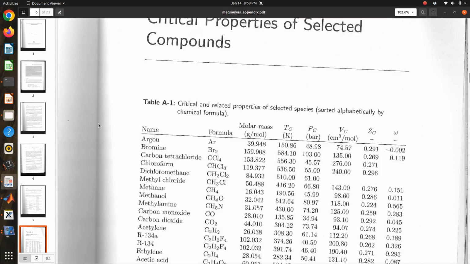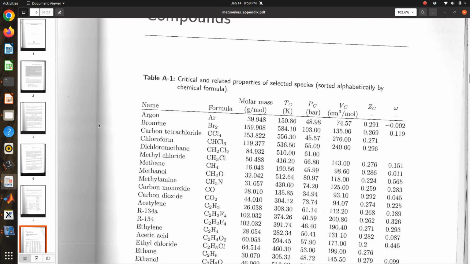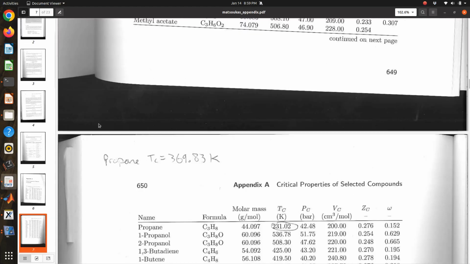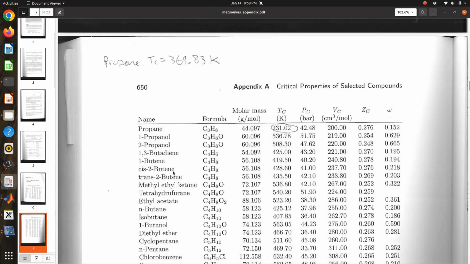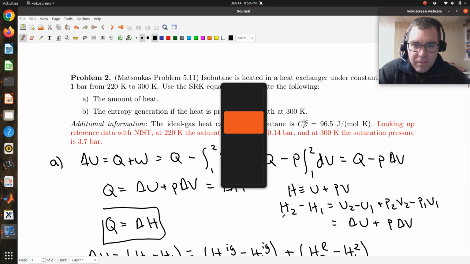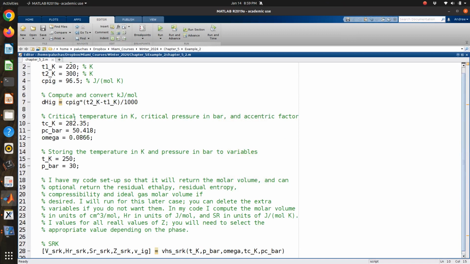So let me start. I've got the appendix. So this is Appendix A from the book. So I need to find isobutane. So TC is 407.85.